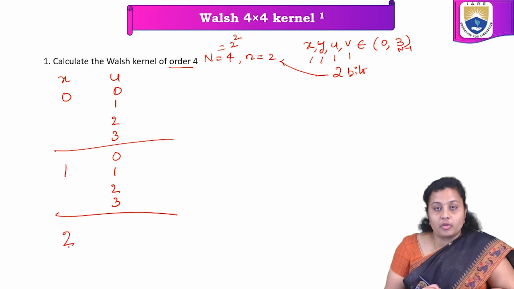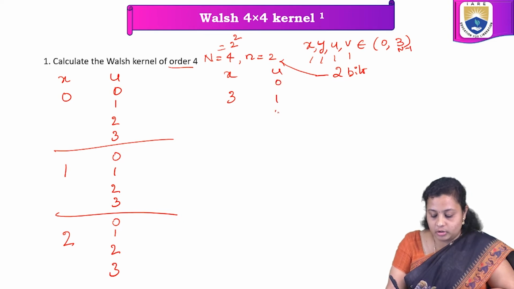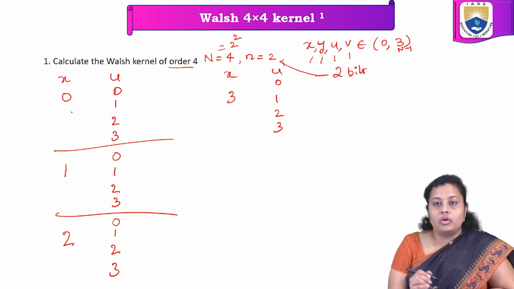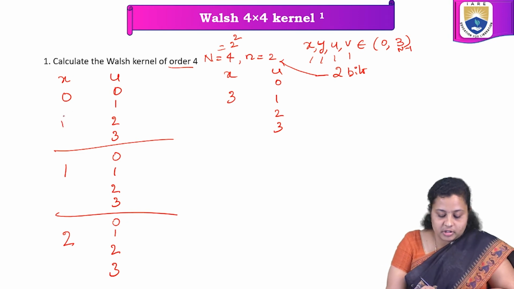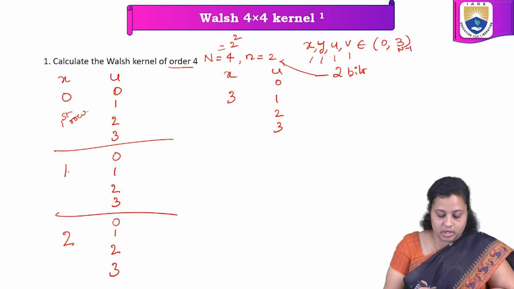Then when x is equal to 2, I get the values 0, 1, 2, 3. Now, when x is equal to 3, I have the values ranging from 0, 1, 2, 3. So when x is equal to 0, it represents the first row of my Walsh transform function, the coefficient matrix. When x is equal to 1, it represents the second row.